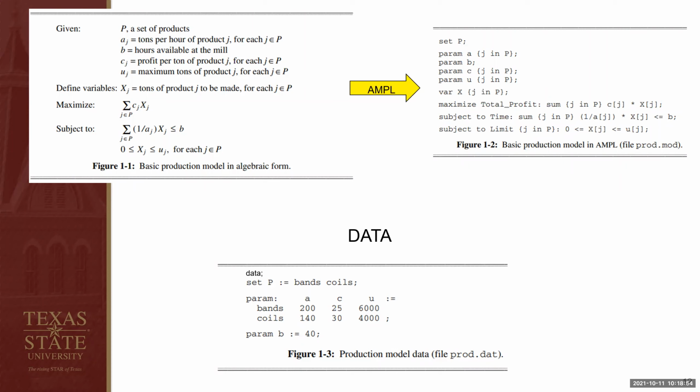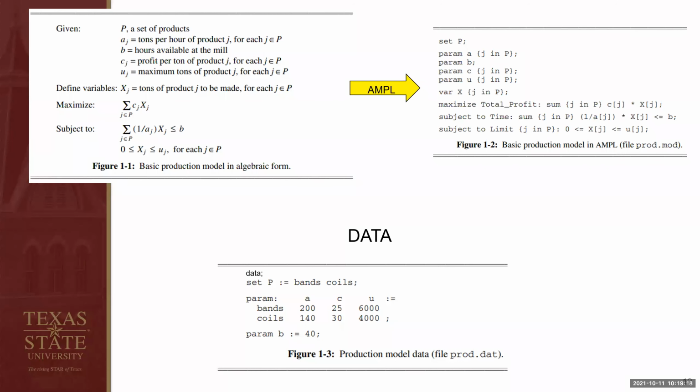So bands, 200, 25 and 6,000, all located below those names. And then at the end, use your semicolon to say that the definition is completed. And then parameter B is by itself, it is 40, and that's it.